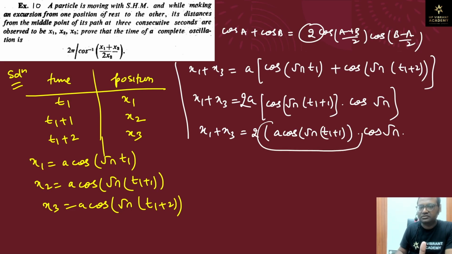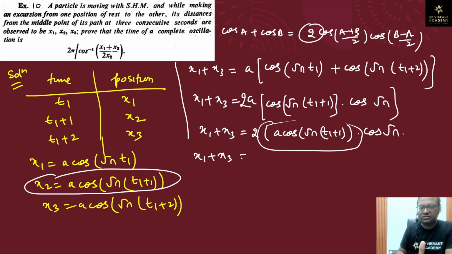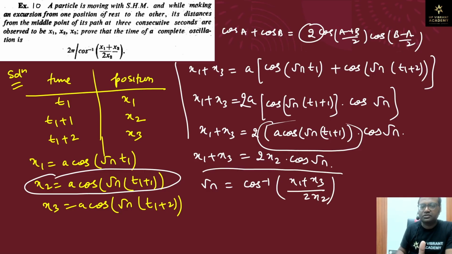And this expression, a cos of root under mu into t1 plus 1, is x2, so we can replace it with x2. So x1 plus x3 is equal to 2x2 into cos of root under mu. So root under mu is equal to cos inverse of x1 plus x3 upon 2x2.